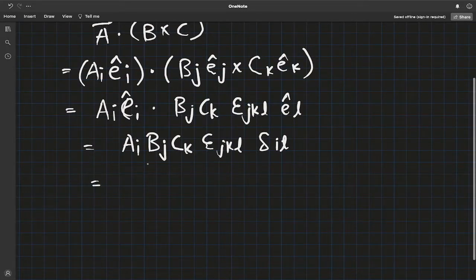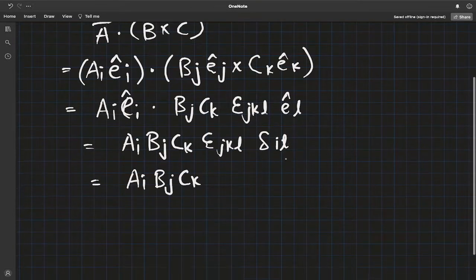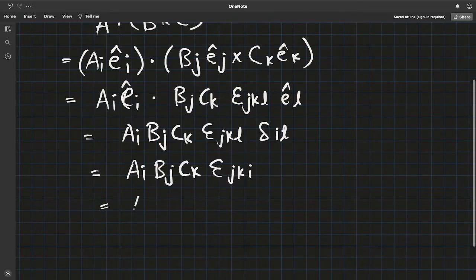I'm showing you a little more steps for this case. In the future we might skip many steps. Okay, with this Kronecker delta, we can change the l to an i, and notice we have a Levi-Civita jki, which we can write as ijk using the property of permutation of the Levi-Civita symbol.